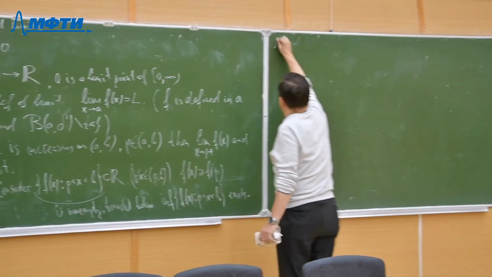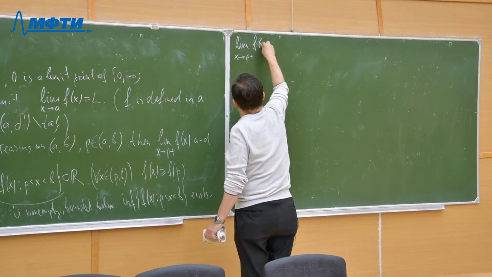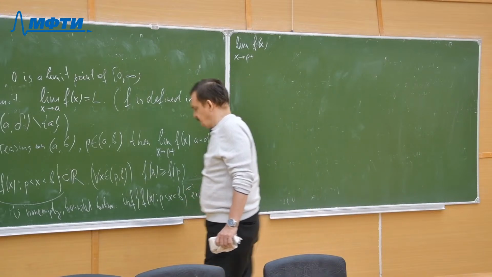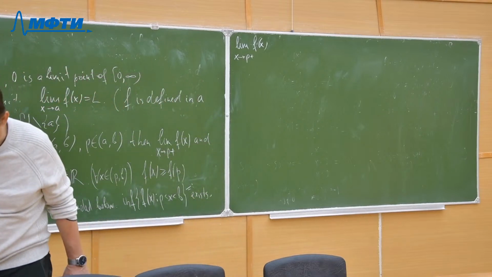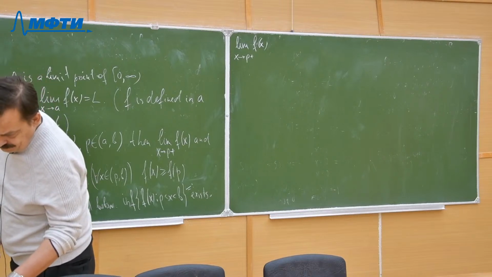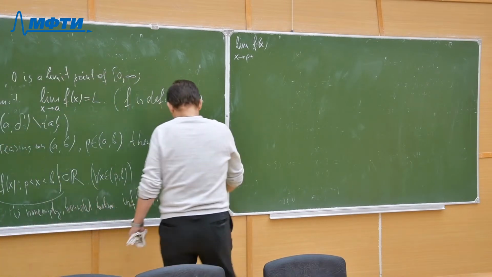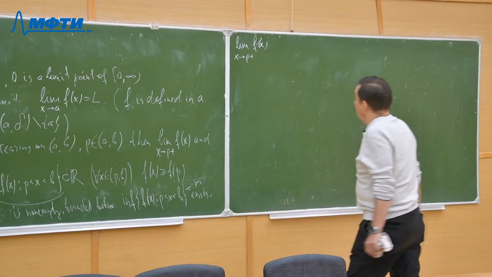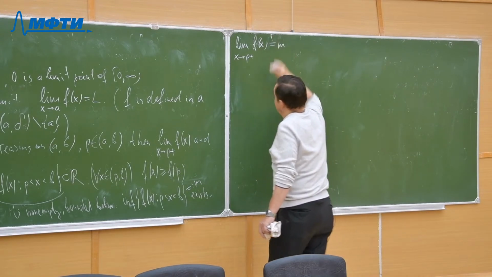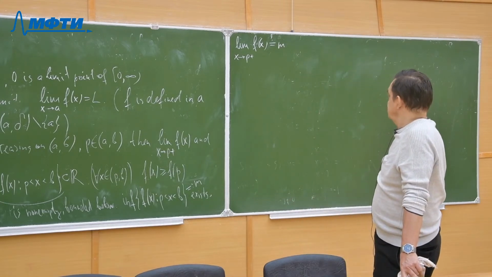So we want to prove that the limit, okay, let me denote it by, let it be M. The limit equals M, right? In your textbook, the limit from the left is discussed, but it doesn't matter.